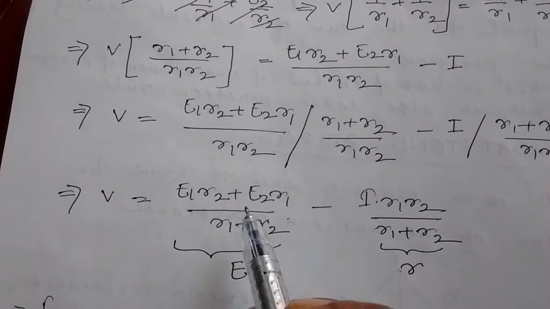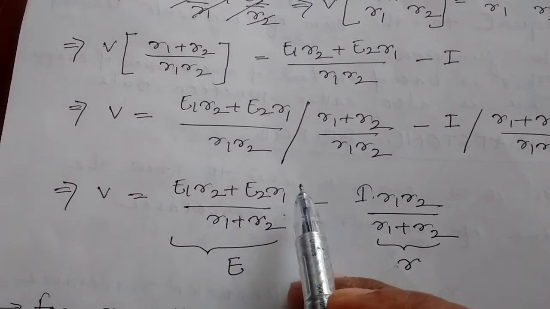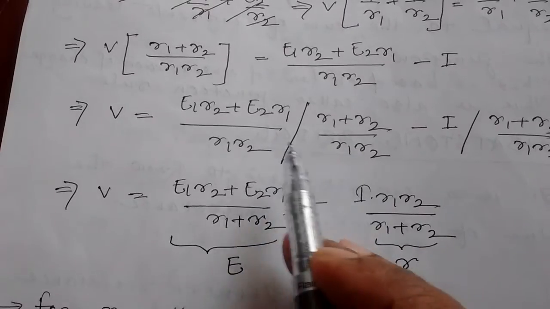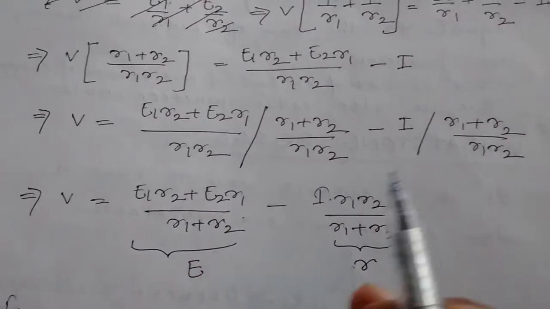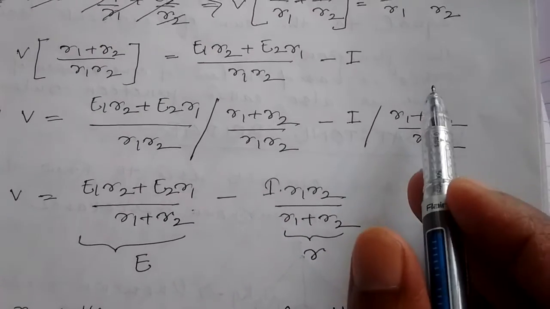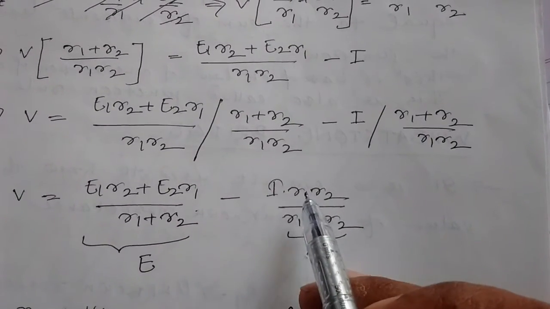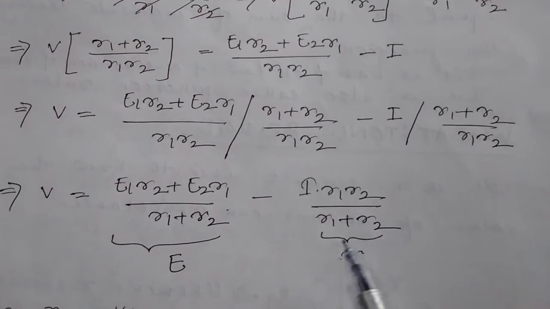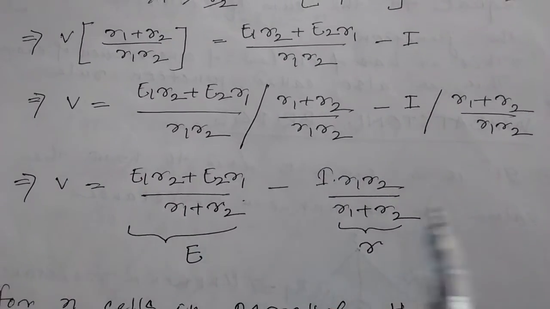Now V is equal to E1 R2 plus E2 R1. R1 R2 gets cancelled from the denominators, and with I we get R1 R2 by R1 plus R2. Simplification, nothing else. So this is the total expression.